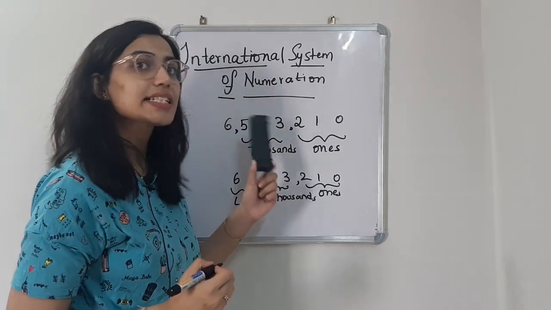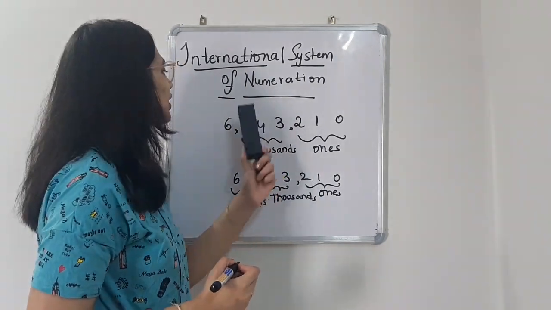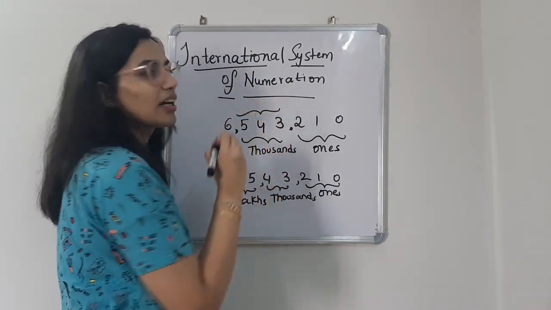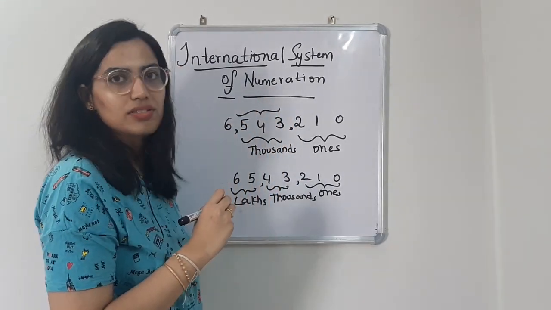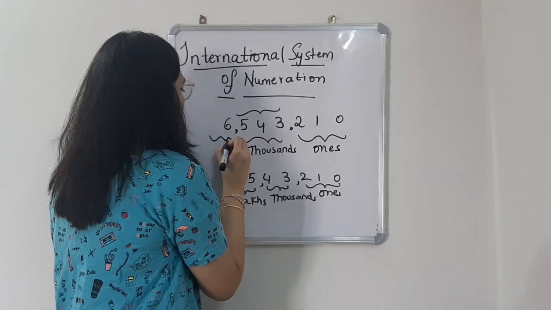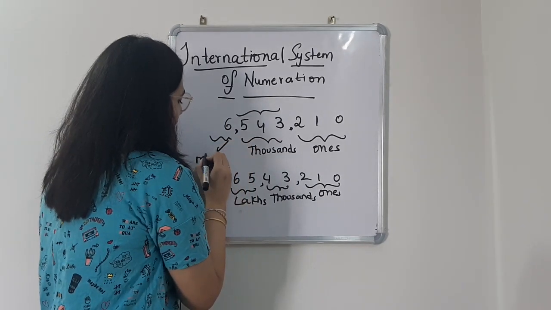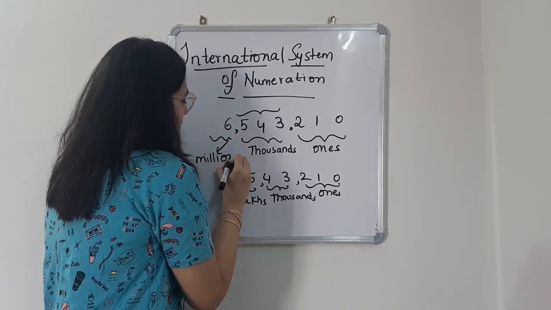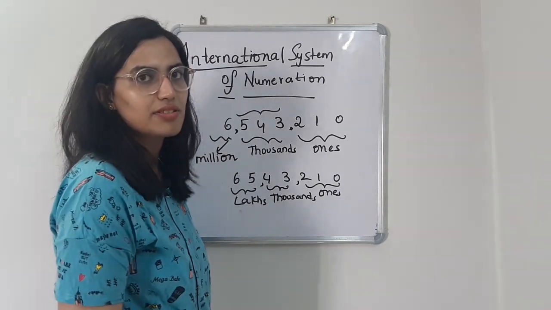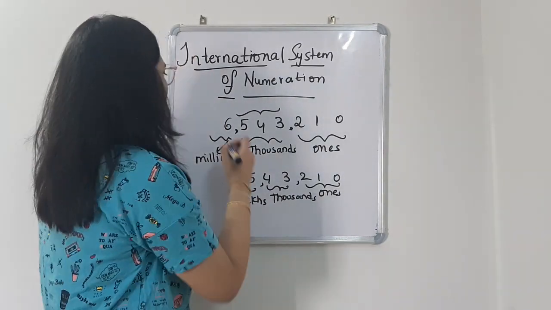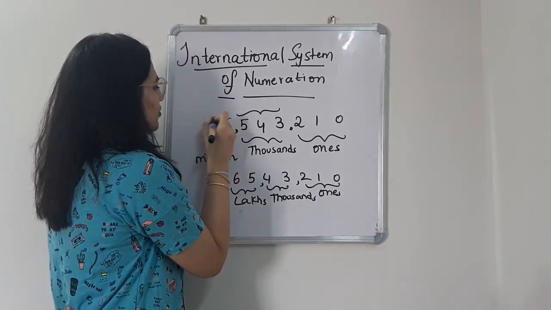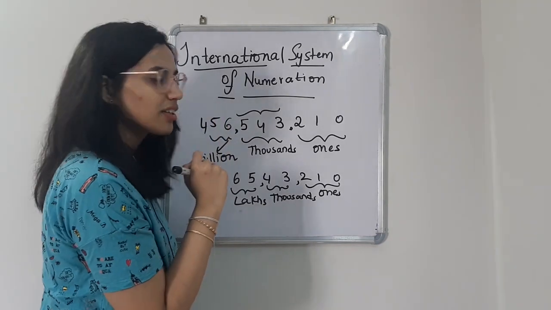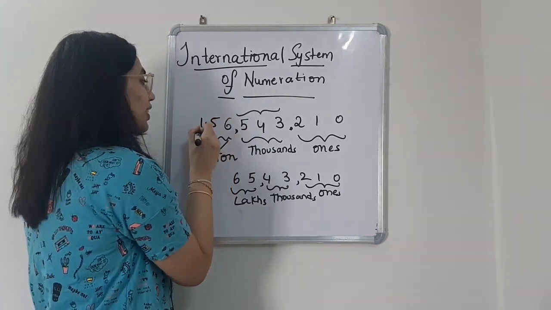But in the international system of numeration, we group this period together and we call it thousands. And then this we call millions. Okay?